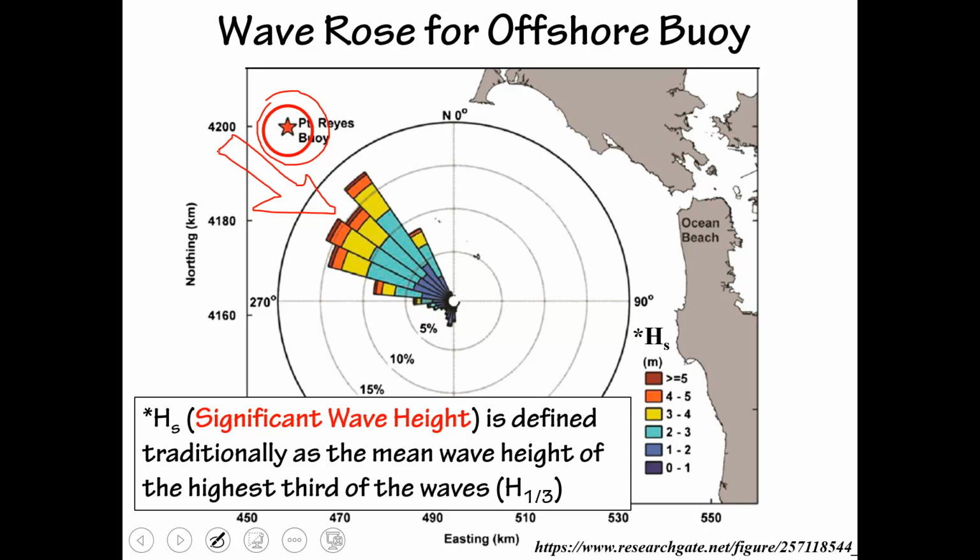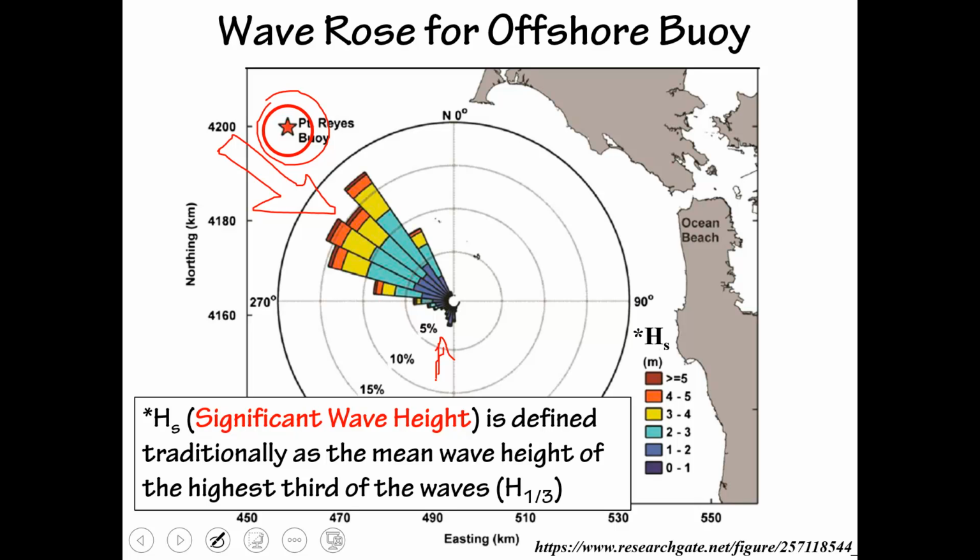These are our northern hemisphere storms coming in, bringing northwesterly waves with very high energy. And you'll notice some smaller height waves. These are those southern hemisphere summer waves that are coming in as long period swell waves.